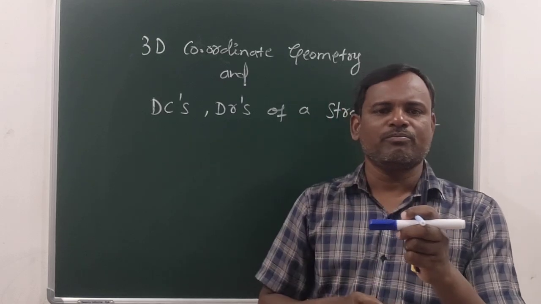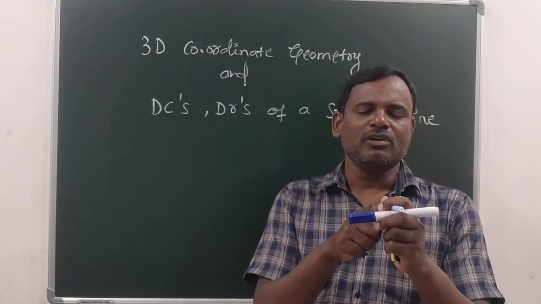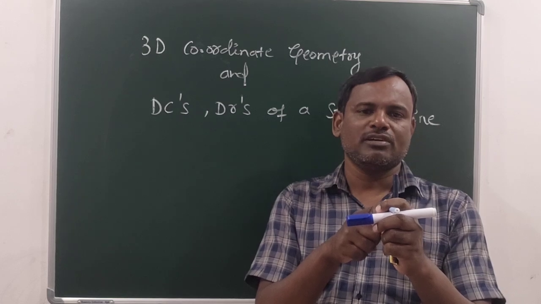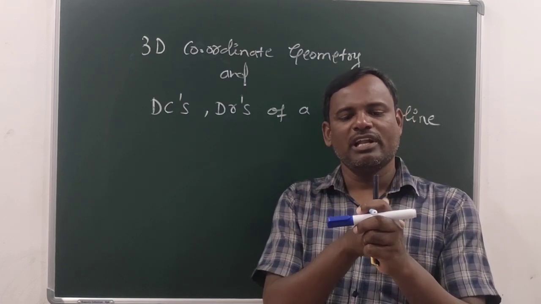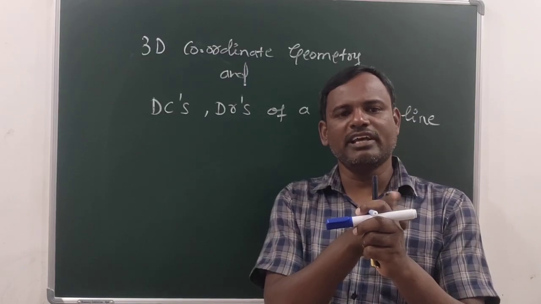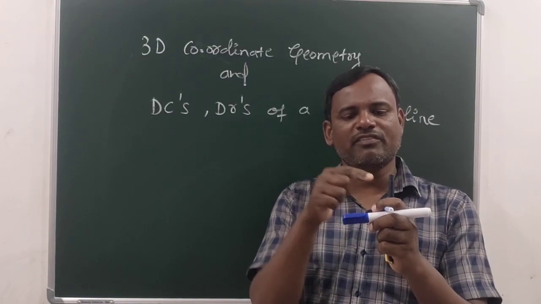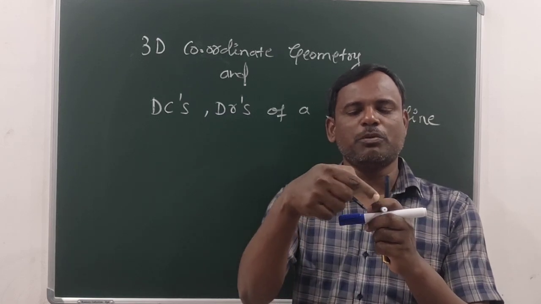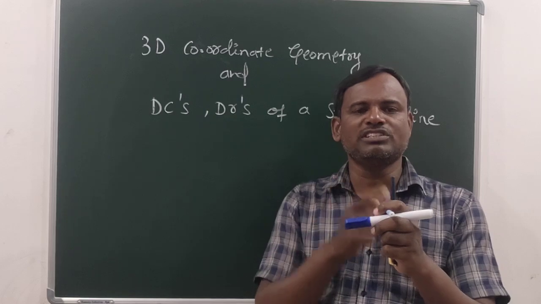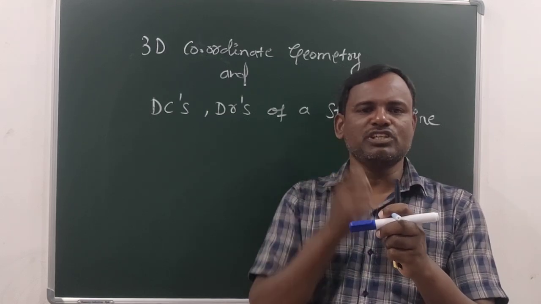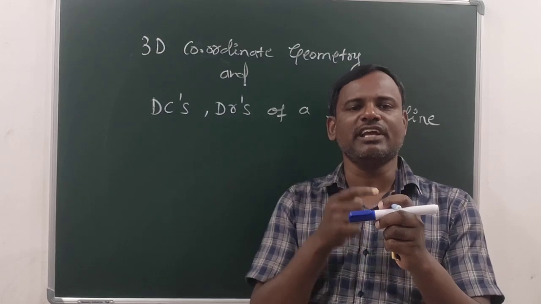In this system, the right side portion of the origin on the x-axis is positive. The left side portion on the x-axis is negative. In the same manner, on the y-axis this part is positive, this part is negative. Go to the z-axis. The upside portion is positive, the portion below the origin is negative.